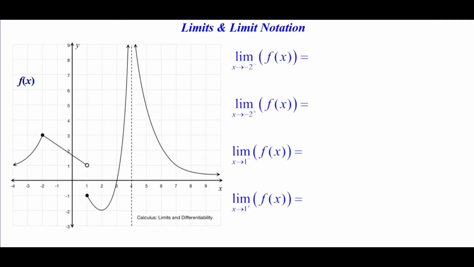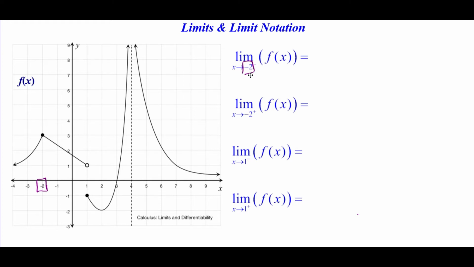All right, so let's look at a couple examples here. This first one is the limit as x approaches -2 from the left side, because of the negative sign, of this function f of x, which is graphed over here to the right. Remember, -2 is my x value, so I want to find that x value on my x-axis. Then we want to look at the function from the left of that.